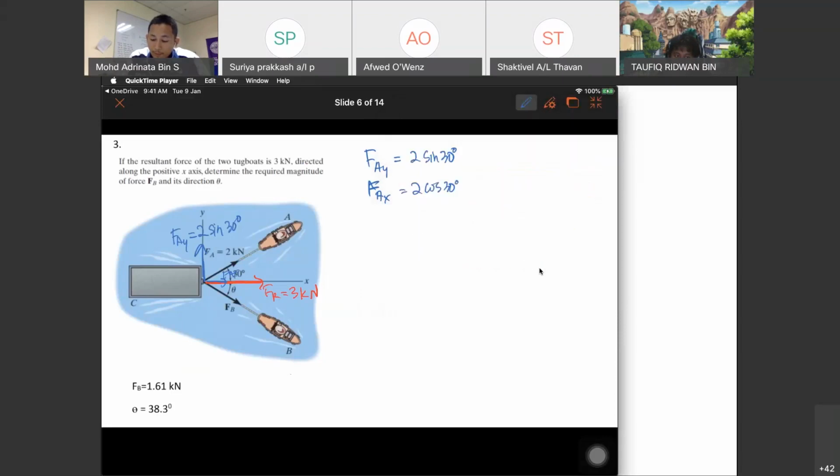FBY equals FB sine theta, and FBX equals FB cosine theta.